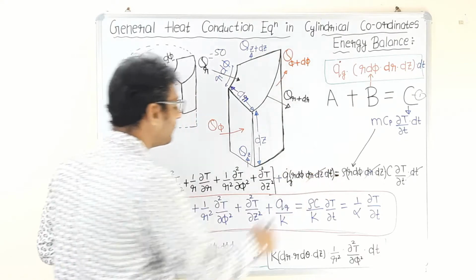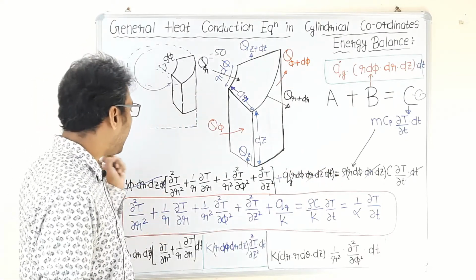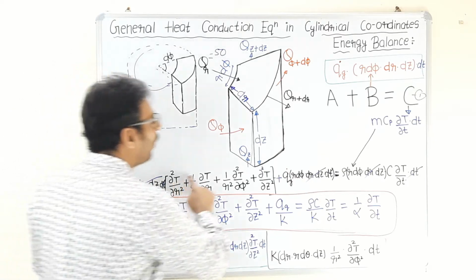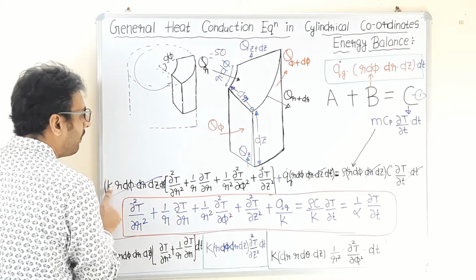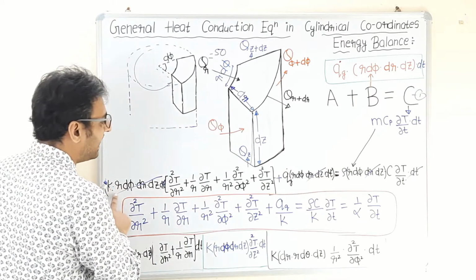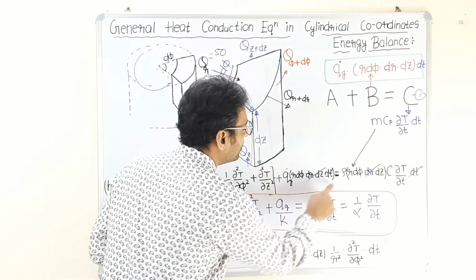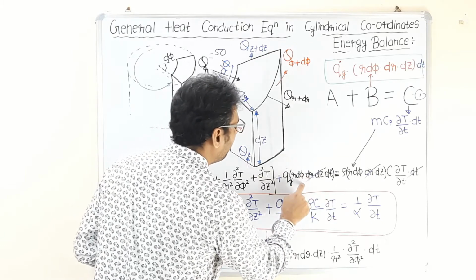Okay, now after further simplification we will get the equation like this. Now k is taken common to the whole left hand side. When k is taken common to the whole left hand side, then k will be divided by q̇_G, because q̇_G doesn't include the term of k.